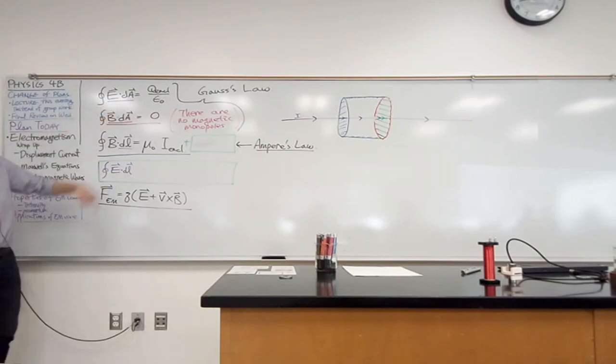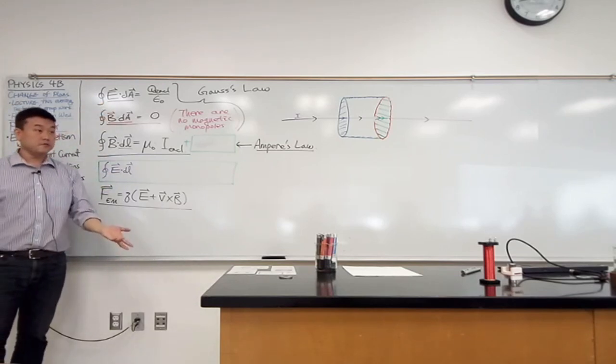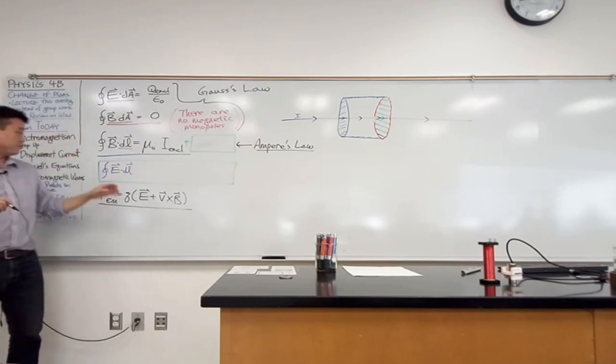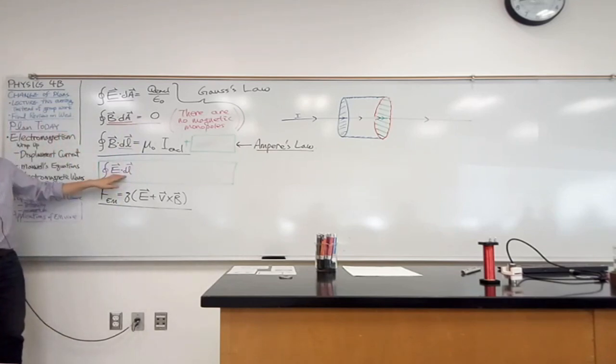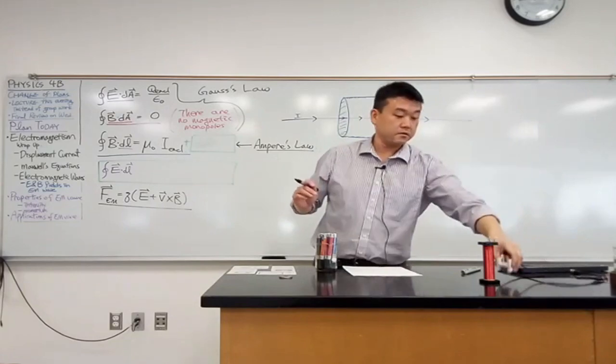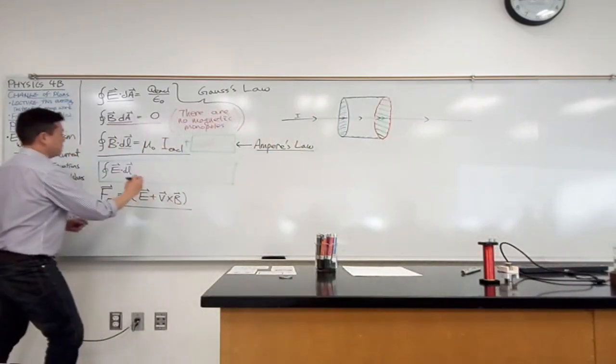Because the electric field is a conservative force, so it's path independent. When you go around in a loop, you get zero. But what we are now saying is that it's not always zero. You can come up with situations where it's not zero. And that exact situation is where the magnetic field is changing, in the situation where the magnet is moving. So in that case, you would get this.